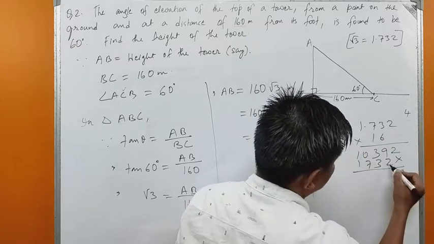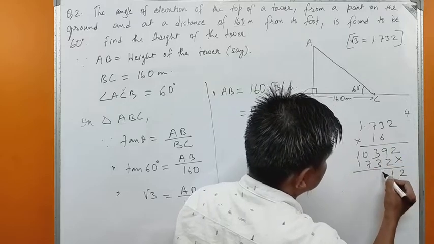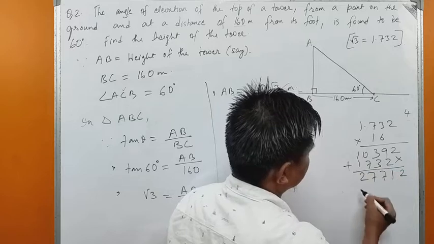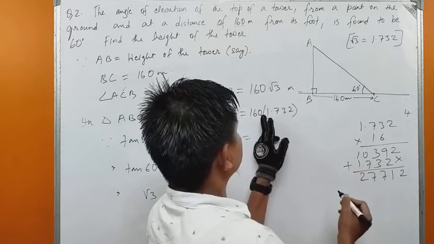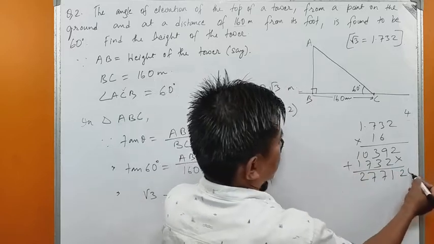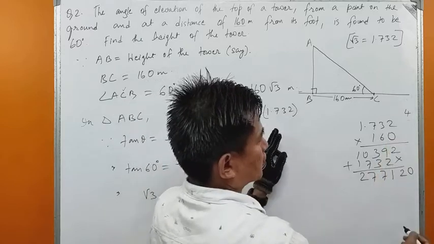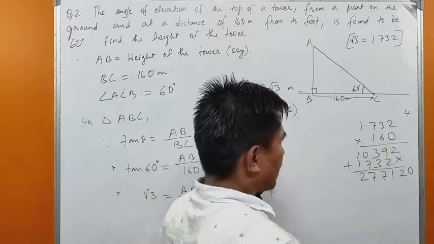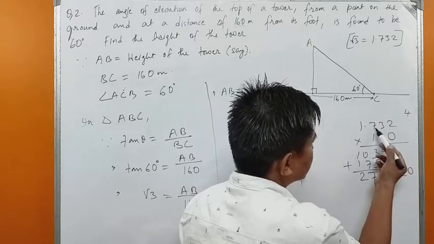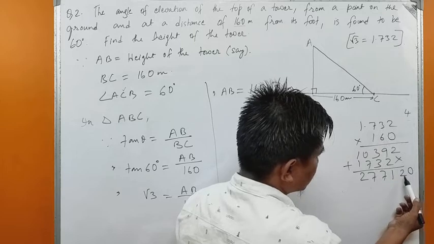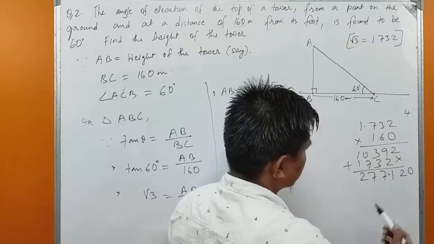Now 2, 9 plus 2 is 11, 3 plus 3 is 6, 7, 1 1 2. When you add these two numbers you get this. Now we have 0 also, so we put 0 here, this is 160. Now before how many digits is there a decimal point? 1 2 3, so we put a decimal point here.